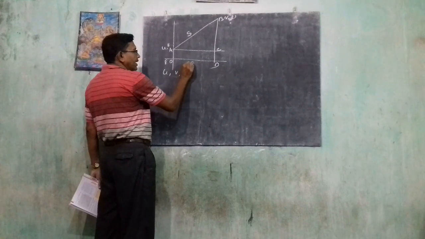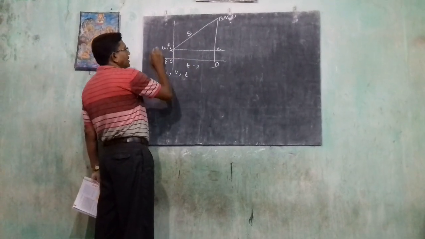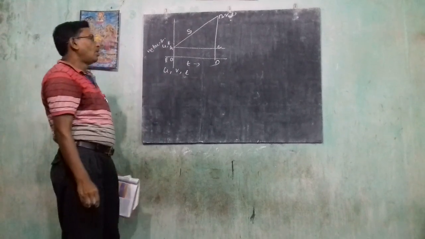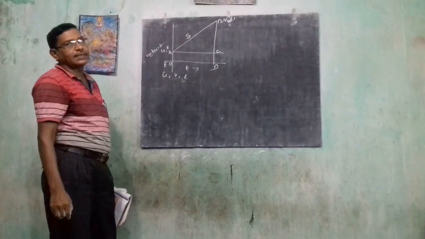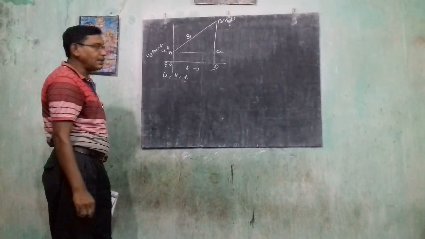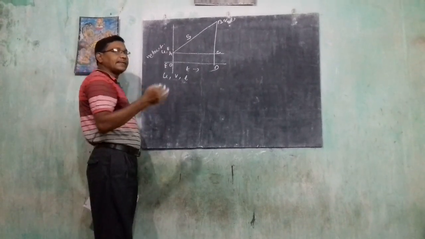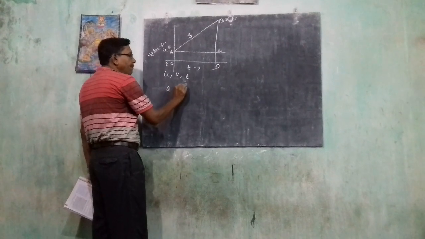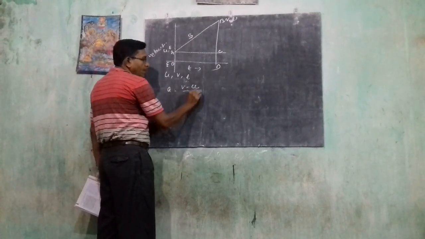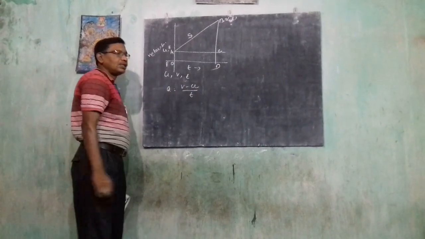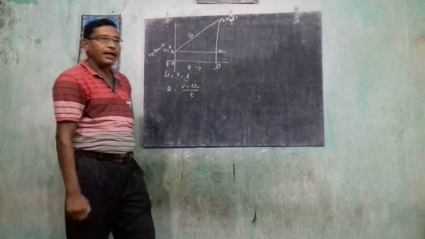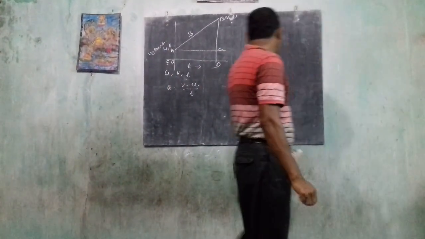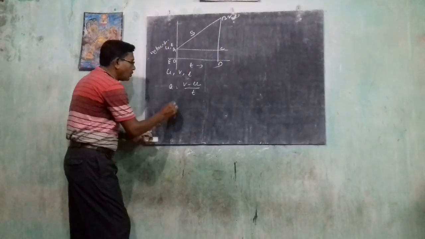Now in this case we take the time here and our velocity here. Now we find the acceleration. Acceleration means change of velocity. Acceleration a equals v minus u by t. This is the change of velocity.